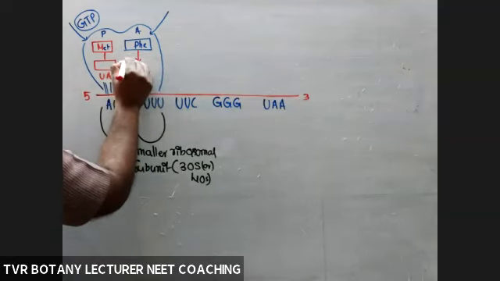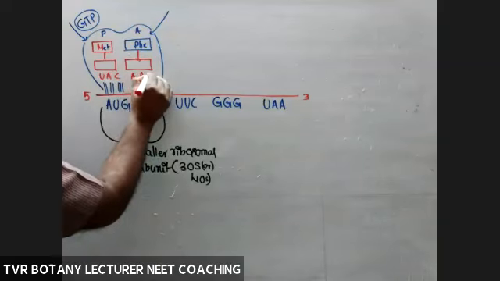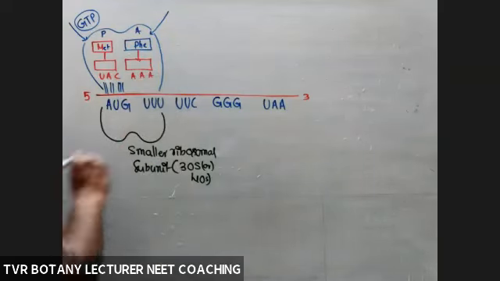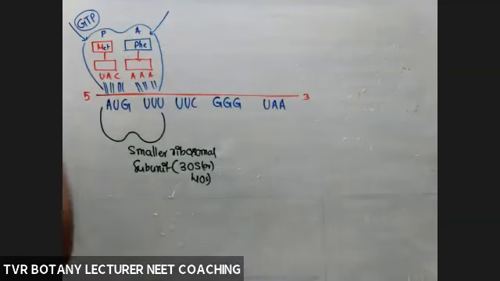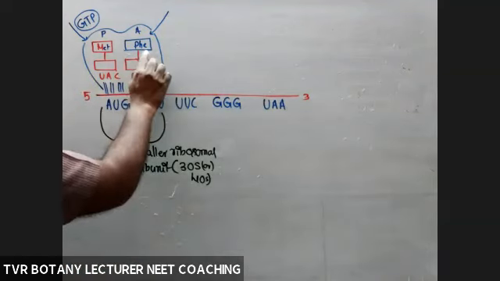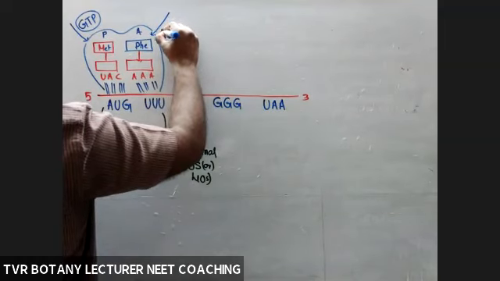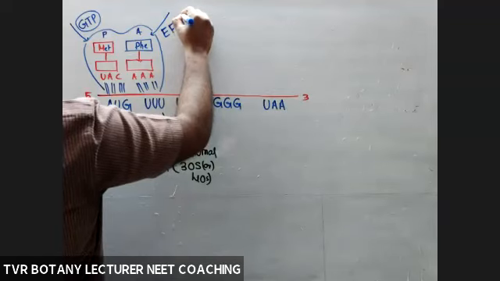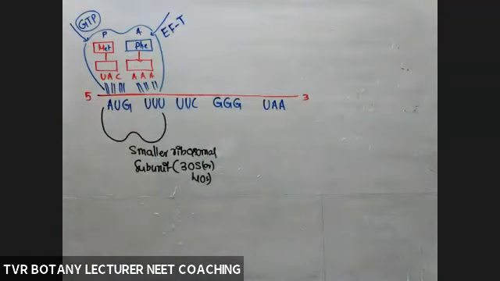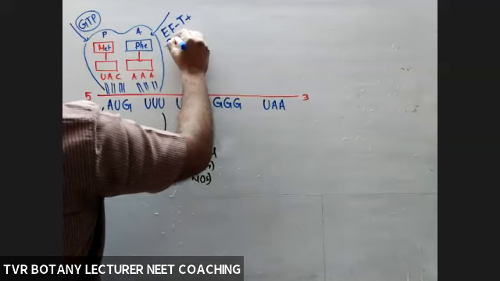The anticodon is UUU, meaning A. So hydrogen bonds are established. Here, a very, very important thing is that for the entry of a second amino acid tRNA, elongation factor T is required, and here 1 molecule of GTP is consumed.